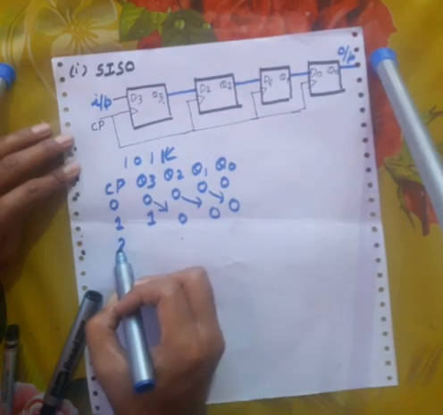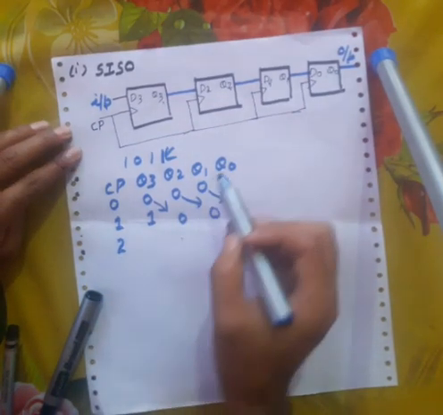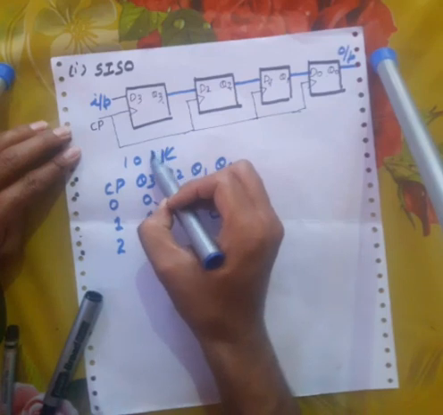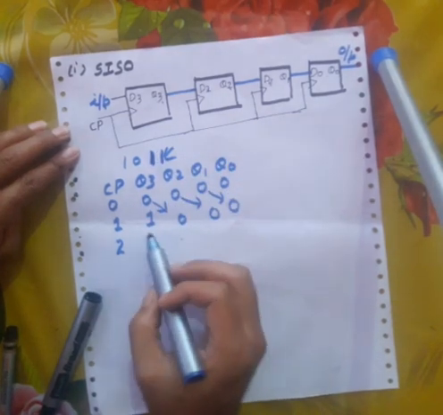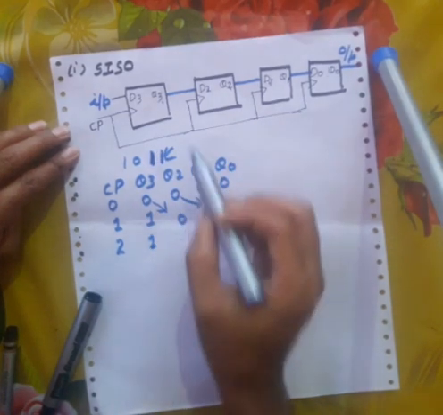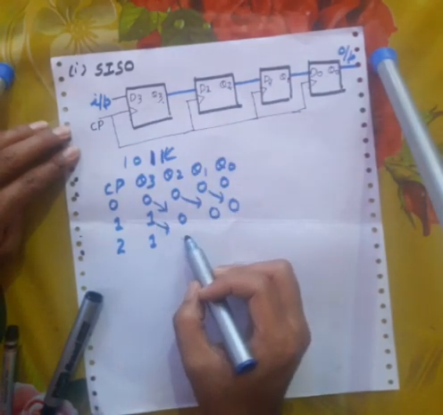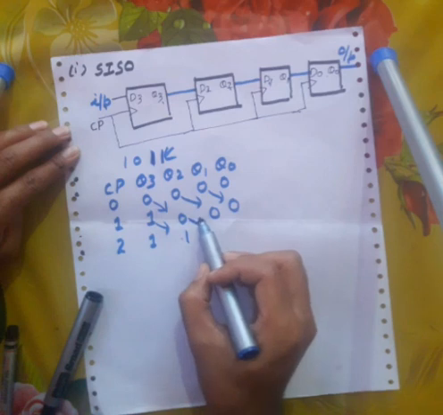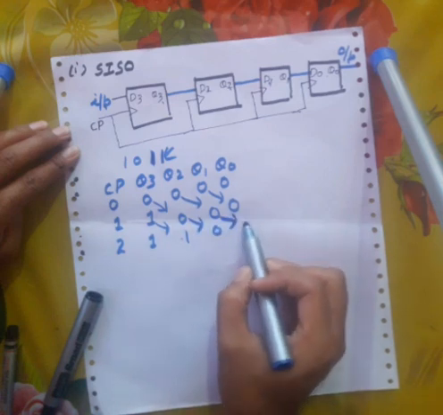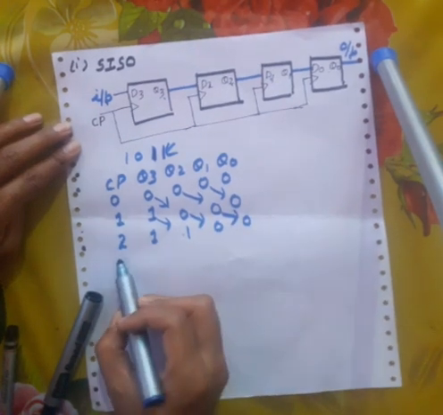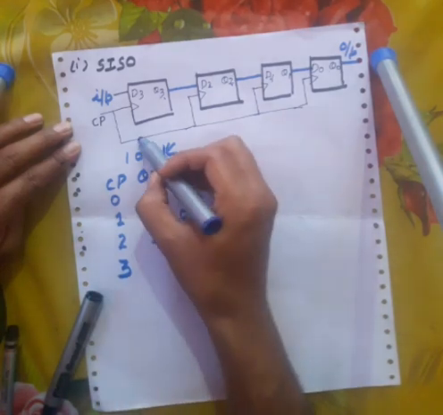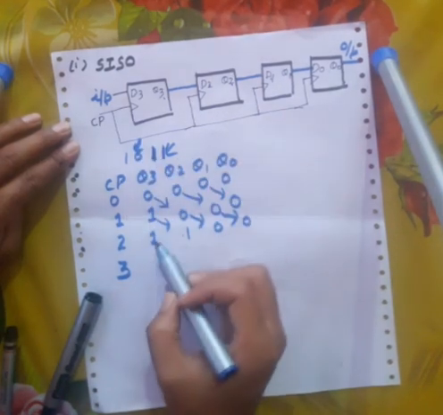Next, when you apply the second clock pulse, now you have to give this one. Give 1 here. Again output of this is input of this, so it will be shifted here. After the third clock pulse you will give 0.